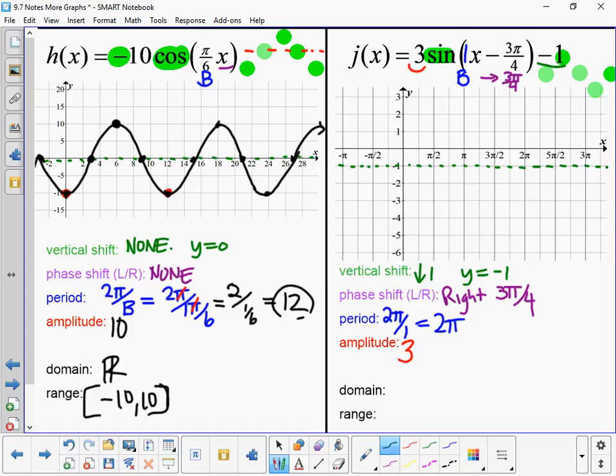So we're graphing a sine function. That means it would start right on its midline, and if it didn't have a phase shift, it would be right here, but our phase shift is going to move that to the right by 1, 2, 3 pi over 4.